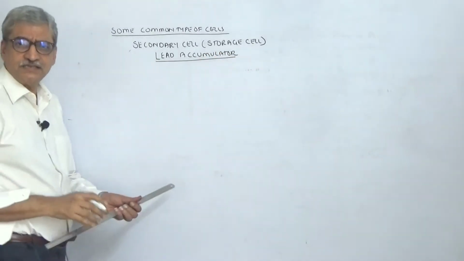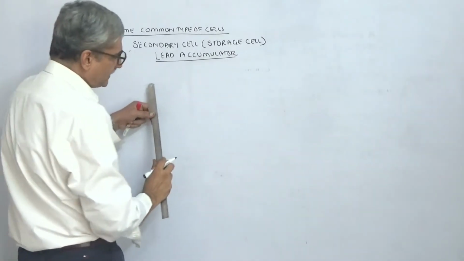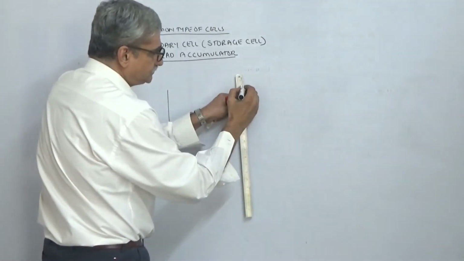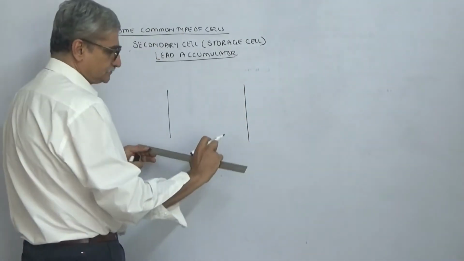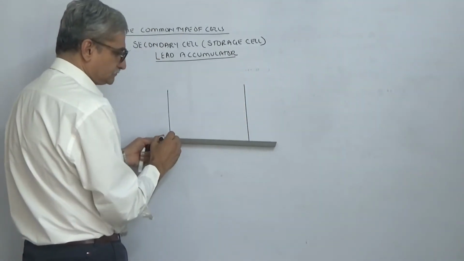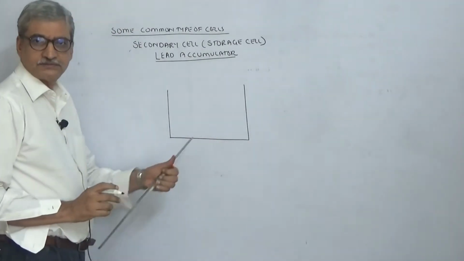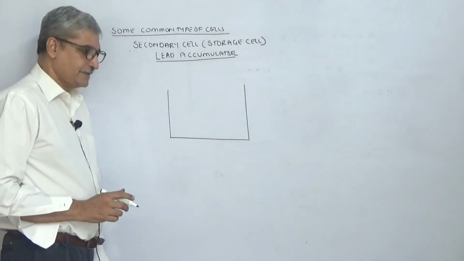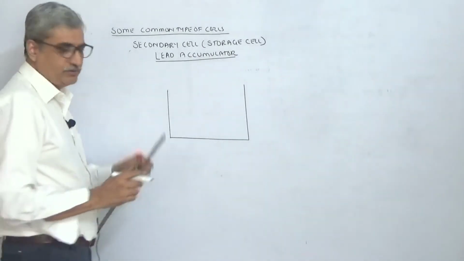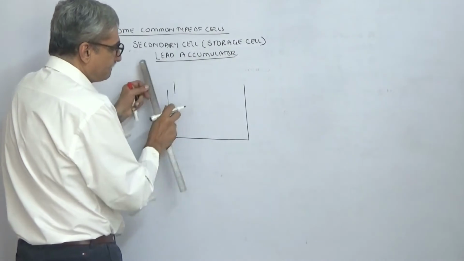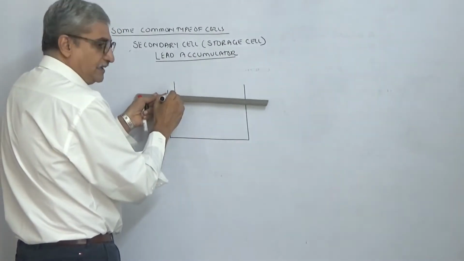So the construction of the lead accumulator is you have a rubber pot, and then you have a lead plate.